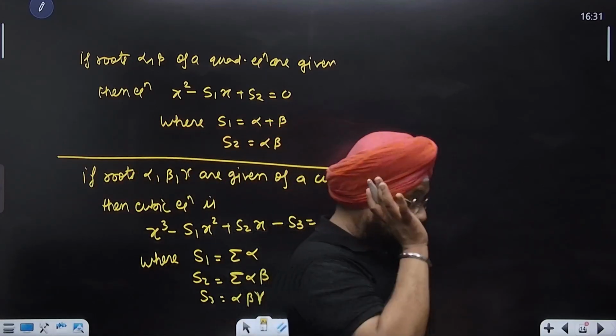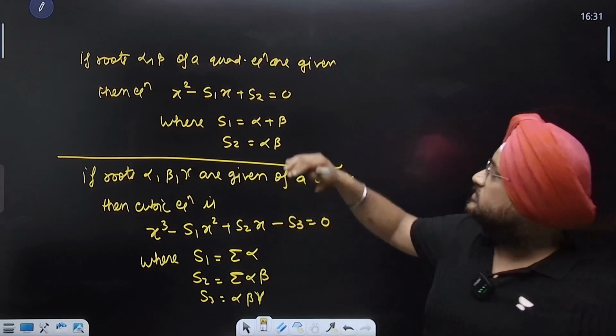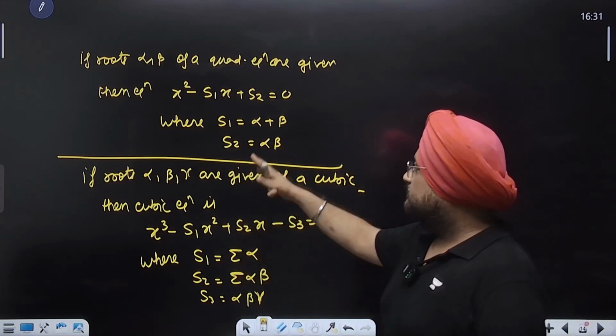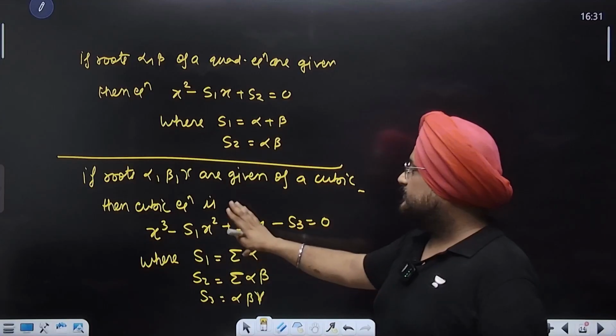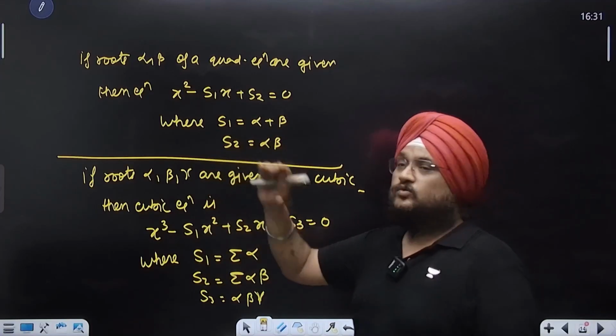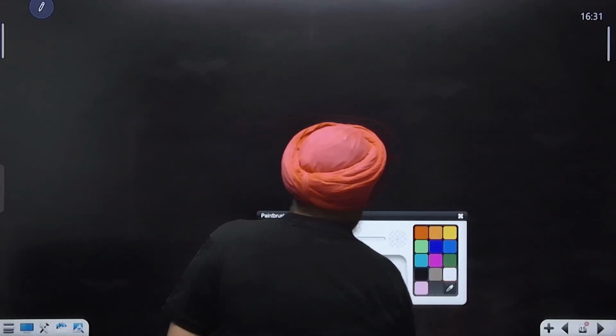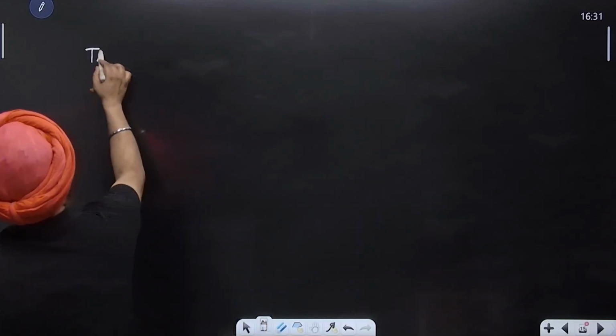This we have seen. So either we can use this concept for finding the equation having given roots, or we can use another concept, that is our next topic, transformation of roots.